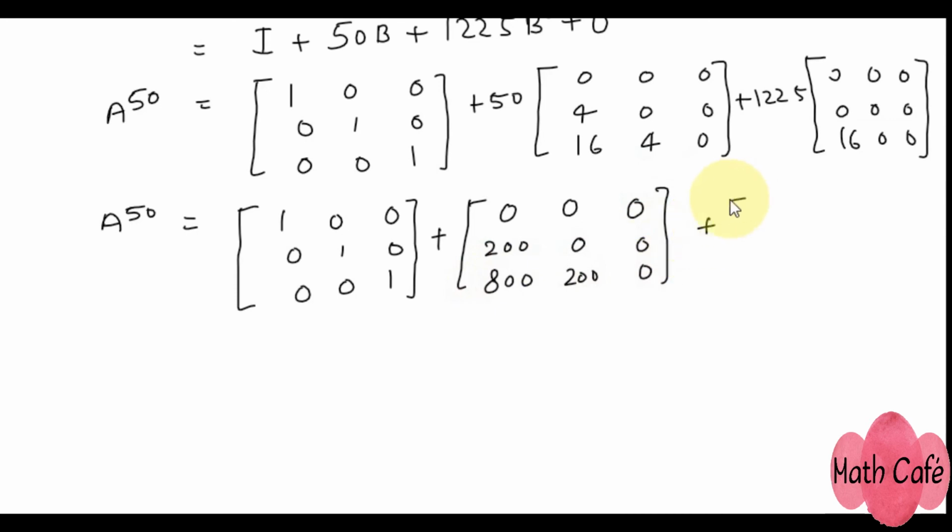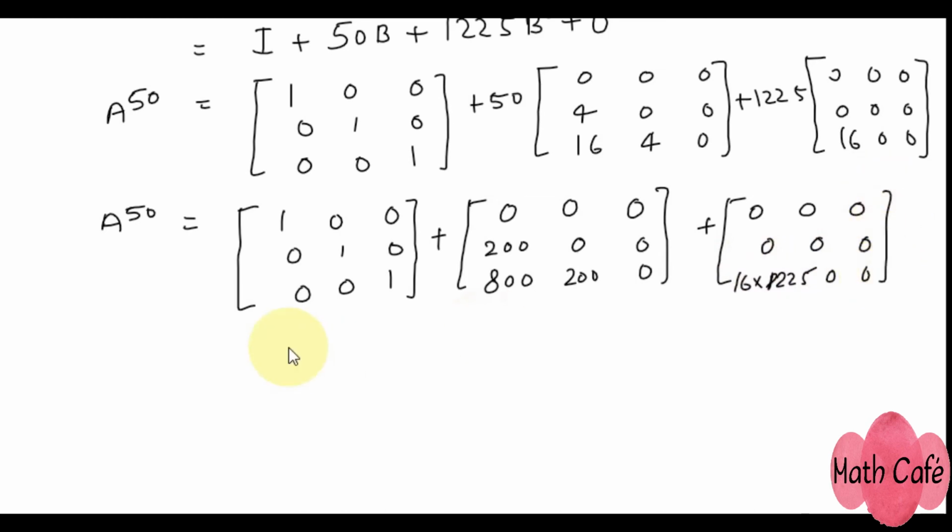All right, plus we will multiply all the terms by 1225, so [0 0 0; 0 0 0; 16 multiplied by 1225, 0 0].